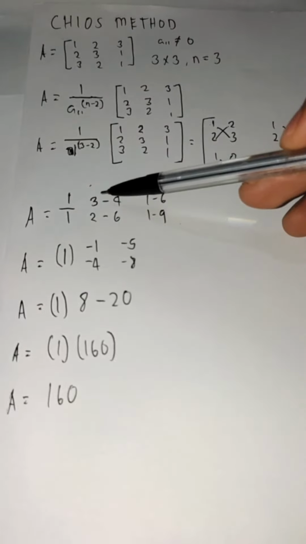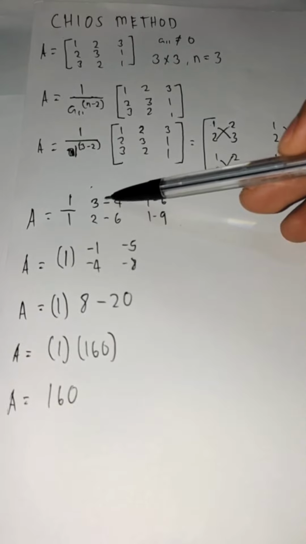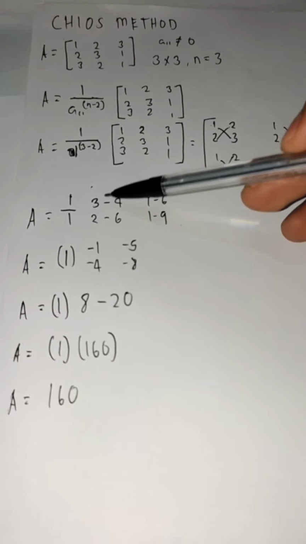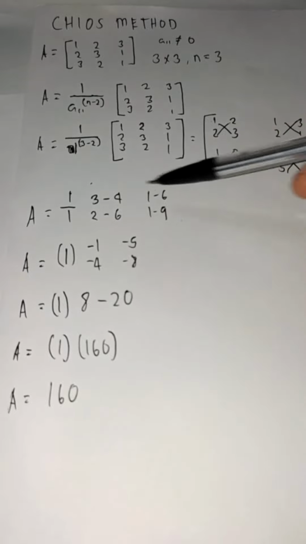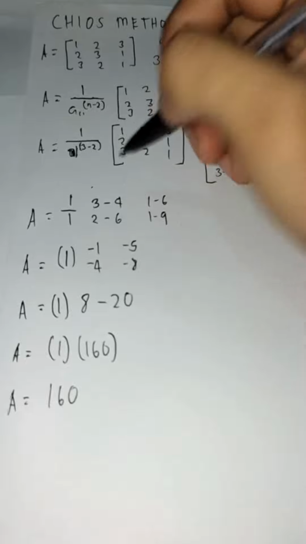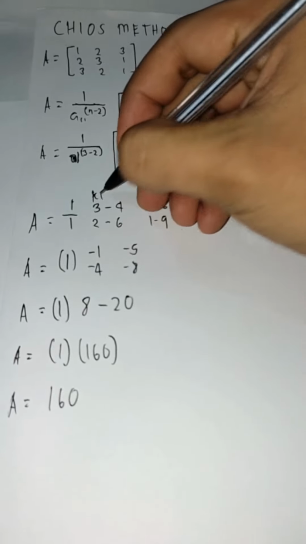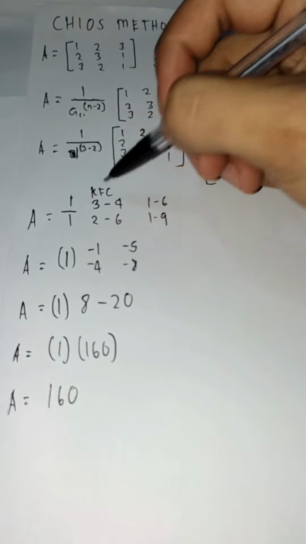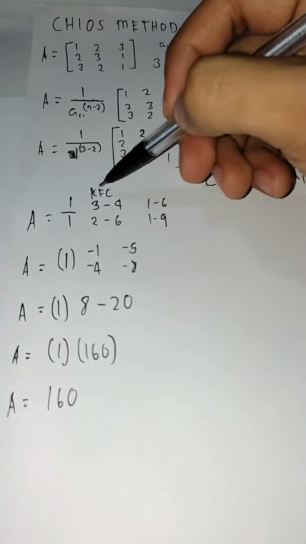And then itong naman siya subtraction. Ito naman constant yan. So 3 minus 4, and then 1 minus 6, 2 minus 6. Tapos nyan, gagamit tayo ng KFC para sa next step. Ito, KFC. Keep, flip, and change.